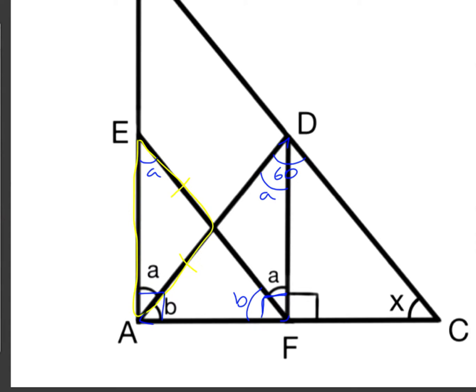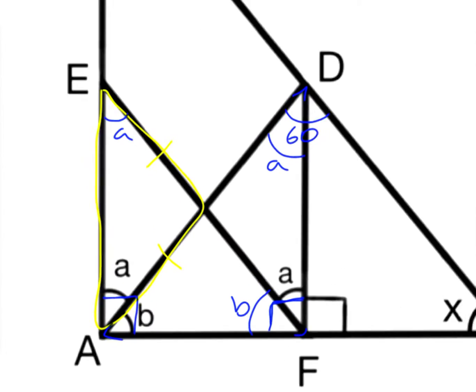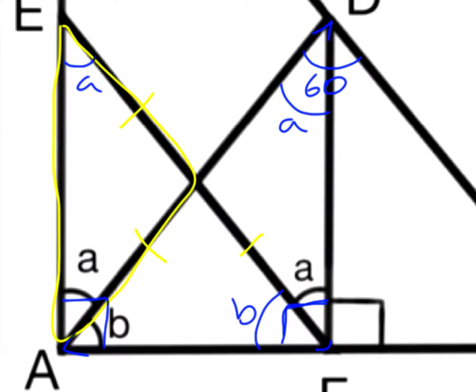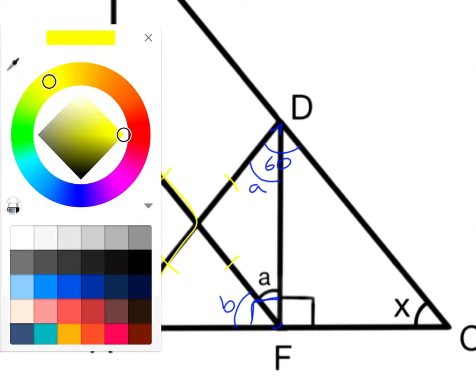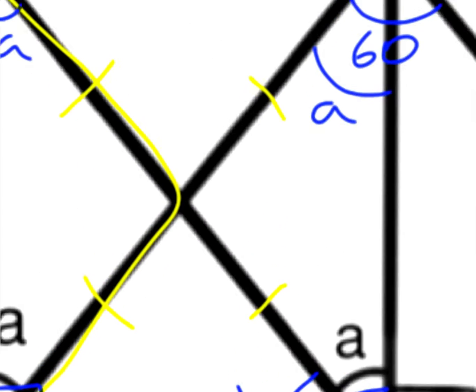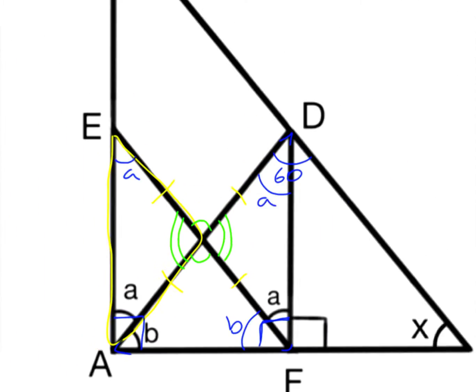Same goes for the other side at the bottom, where both the angles are B, so these two legs must be equal, and on the right-hand side, these two legs must be equal. So I have two intersecting lines that are bisecting each other, and the other thing I can tell from that is that the angles on the opposite side must be equal to each other.